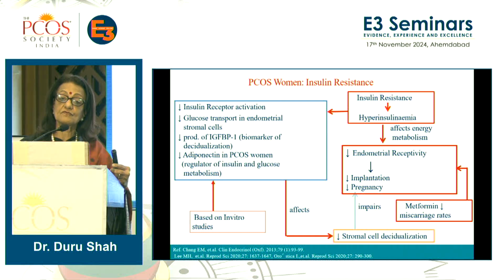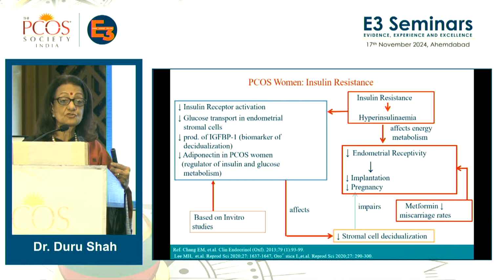It is because of the insulin resistance, and that again affects energy metabolism, reduces the endometrial receptivity, giving rise to low implantation rates, low pregnancy rates, and gives rise to low stromal cell decidualization. Now when the decidualization is low, naturally the embryo will not implant.